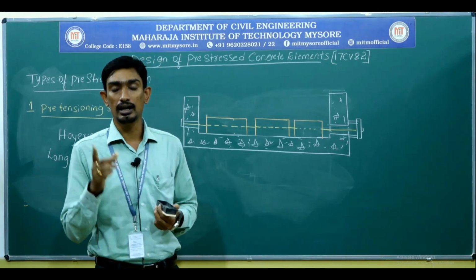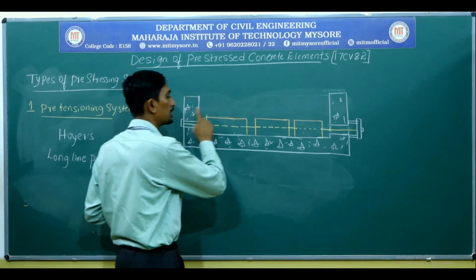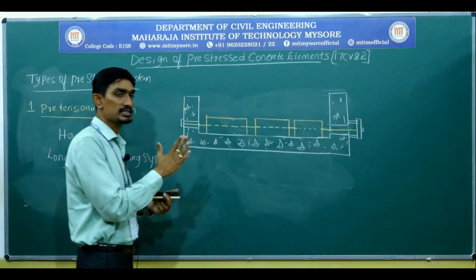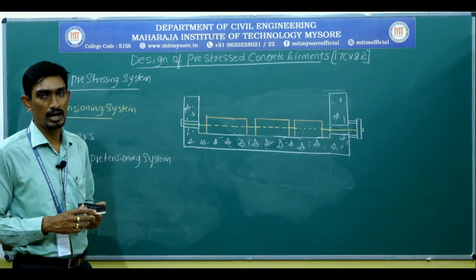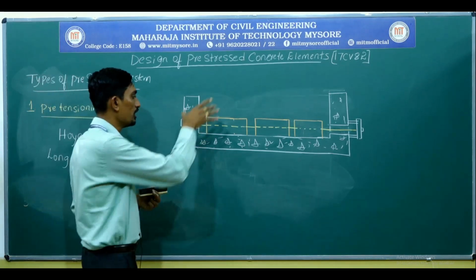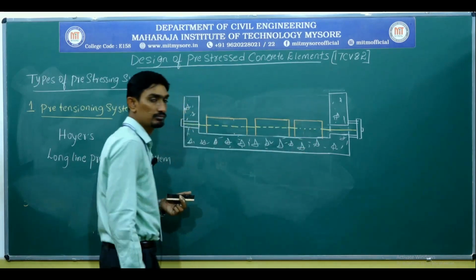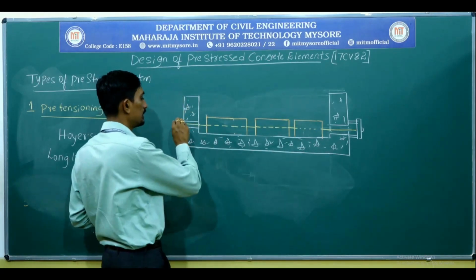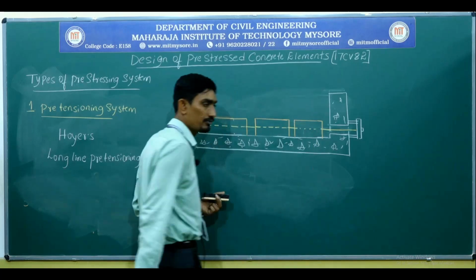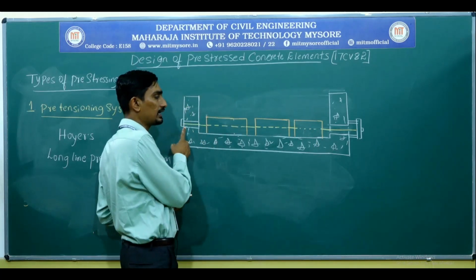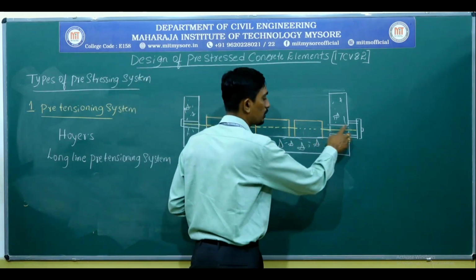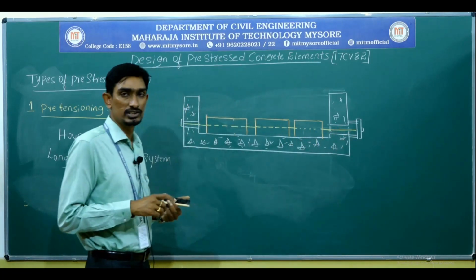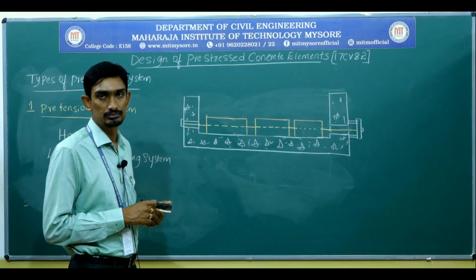Hence these abutments are placed several hundred meters apart. The moulds are placed, the tendons are stretched, and anchored at one end, and connected to a mechanical jack at the other end.